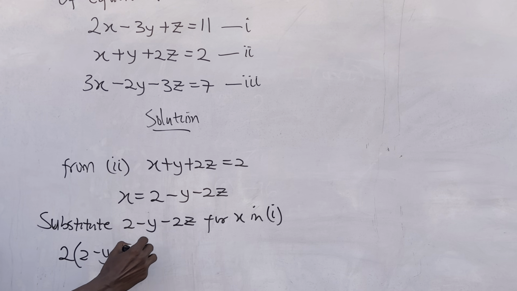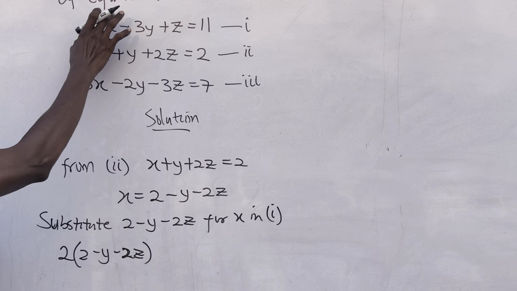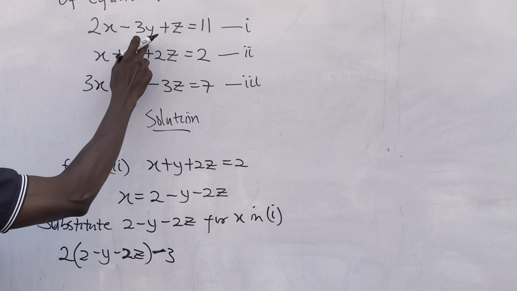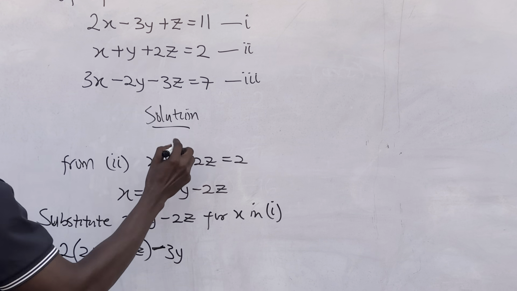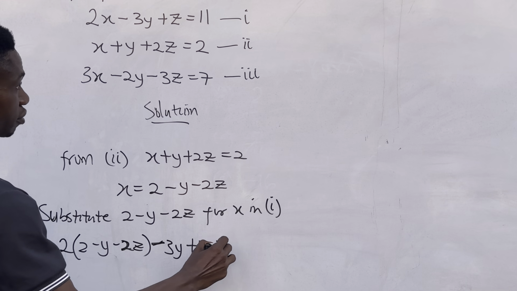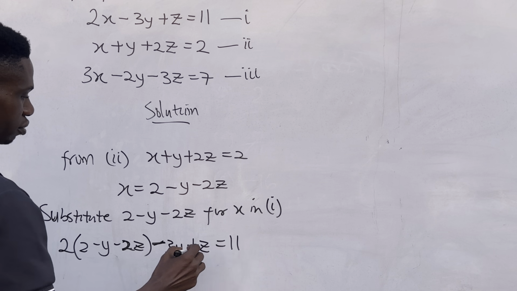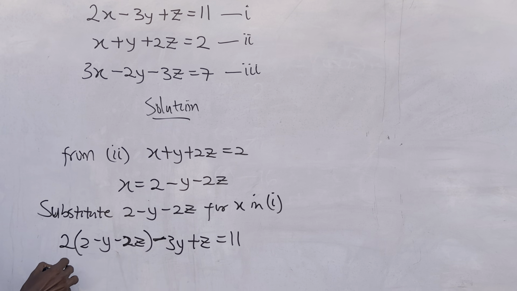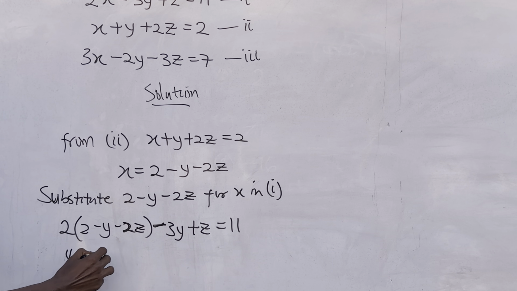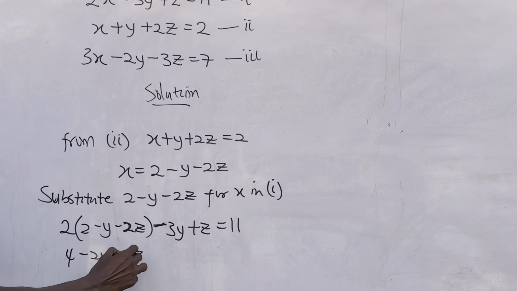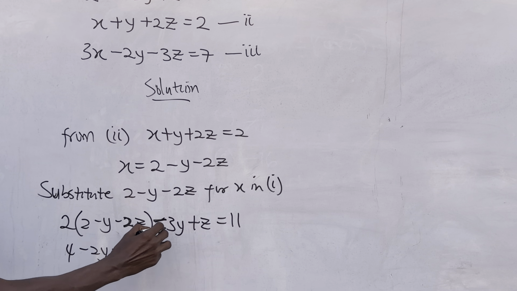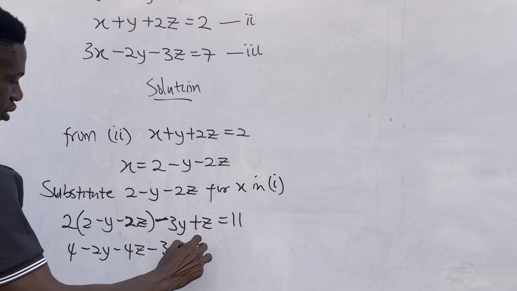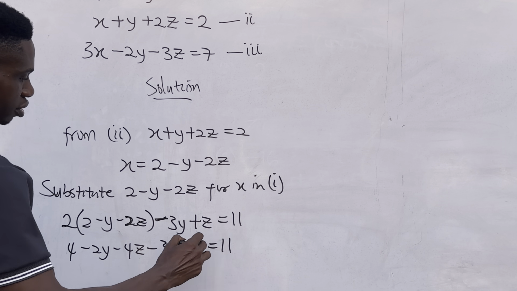This is 2, right? So this is our 2x minus 3y plus z equal to 11. Let's expand this. So we'll have 4 minus 2y minus 4z minus 3y plus z equal 11.